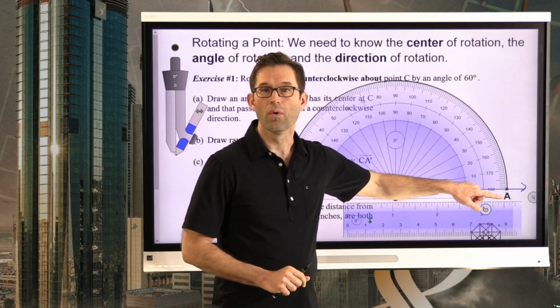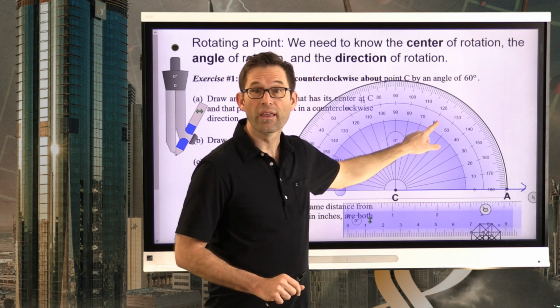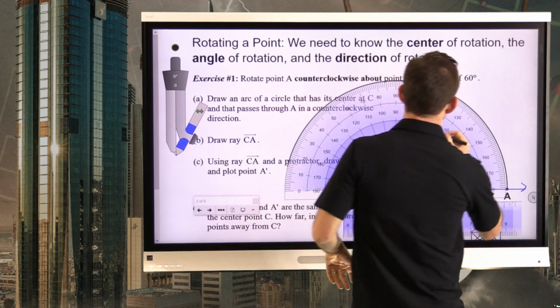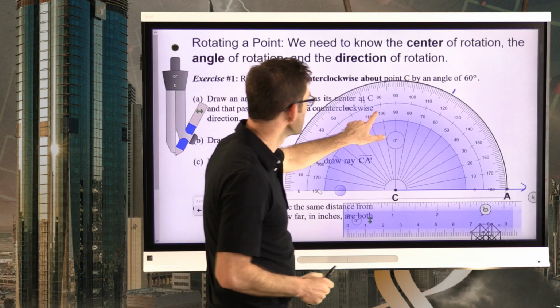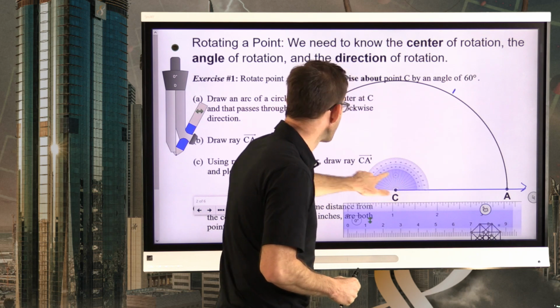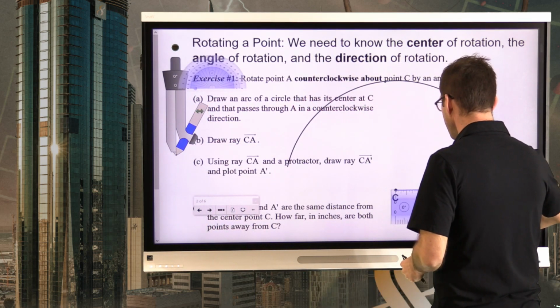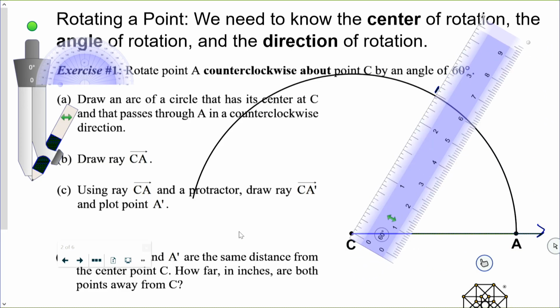Right up to here is 60 degrees. So I want to mark that location, right here. That's my 60-degree rotation. Now, this is something you probably can't do, but I'm going to collapse that a little bit, bring out my ruler, and make sure I rotate it the proper amount.